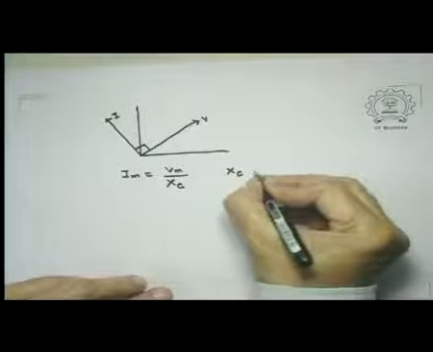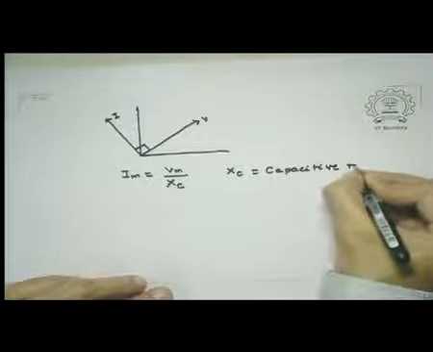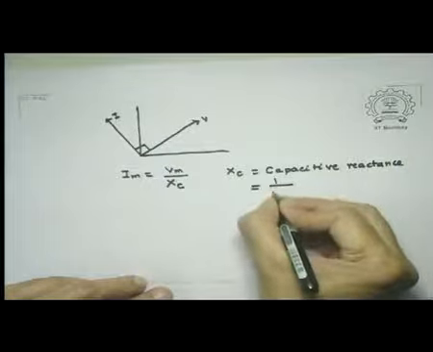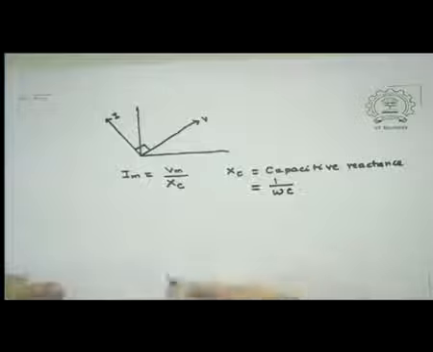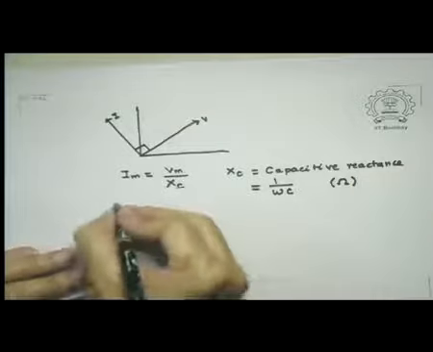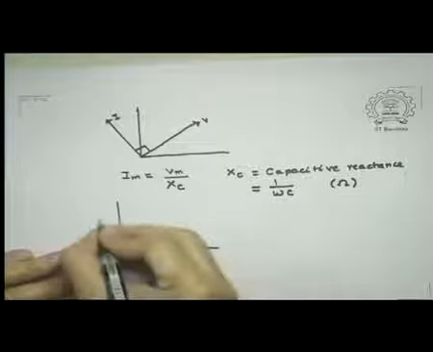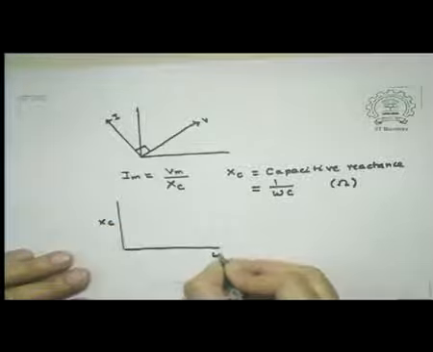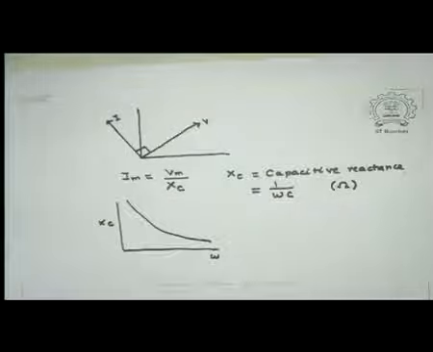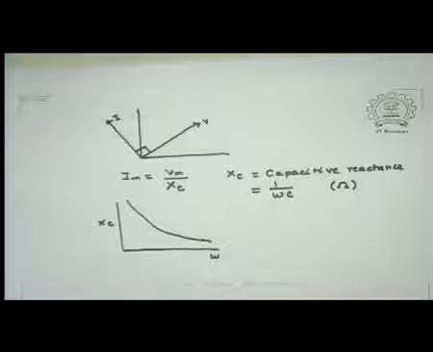So, Xc is capacitive reactance, and that is equal to 1 over omega C. In fact, Xc has a dimension of resistance that is measured in ohms, and if you plot Xc versus the frequency, this is the way it behaves, because as omega is very large, the reactance goes to 0, and for small omega it starts with infinite value.